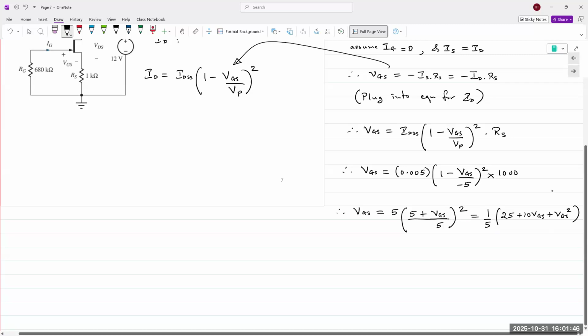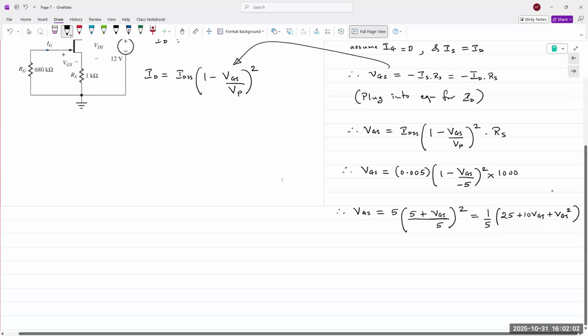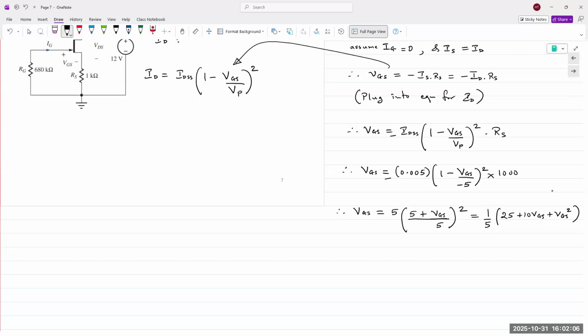Oh, we had a negative from above, so this entire expression had a negative there.